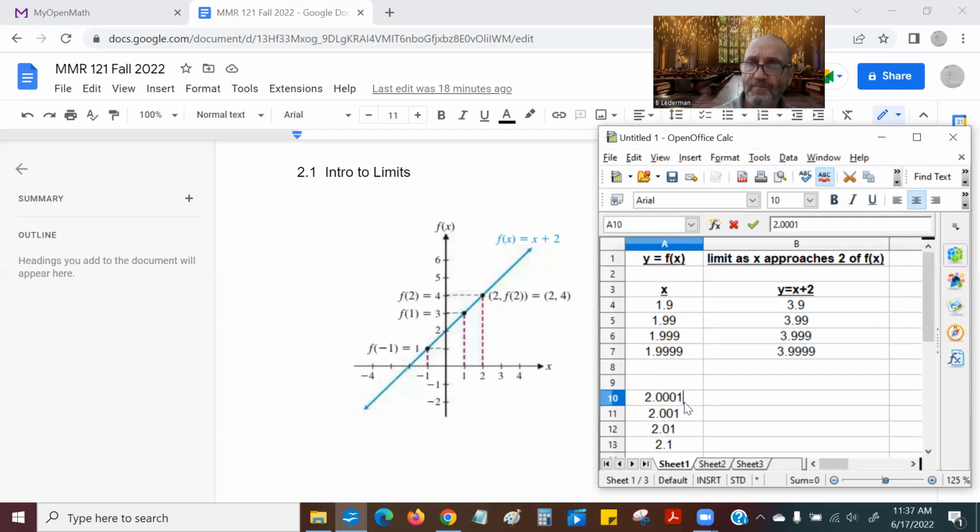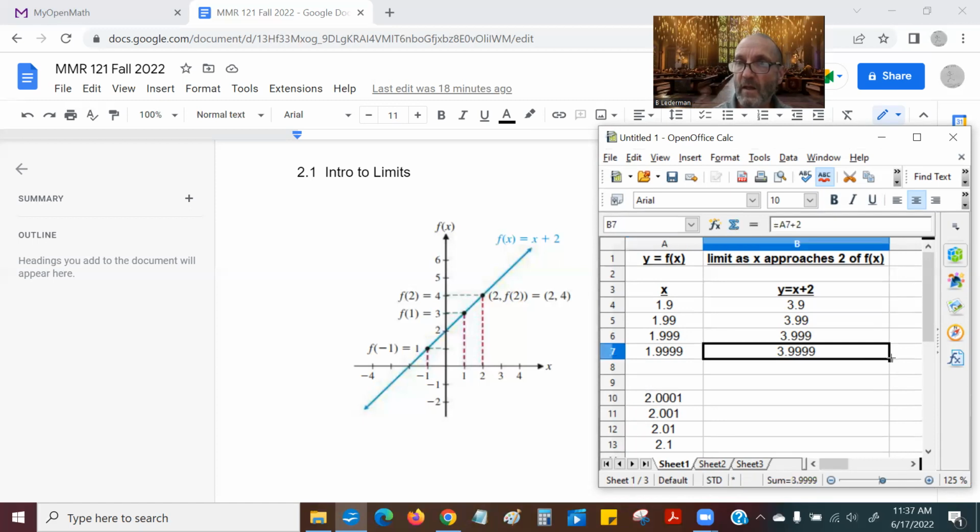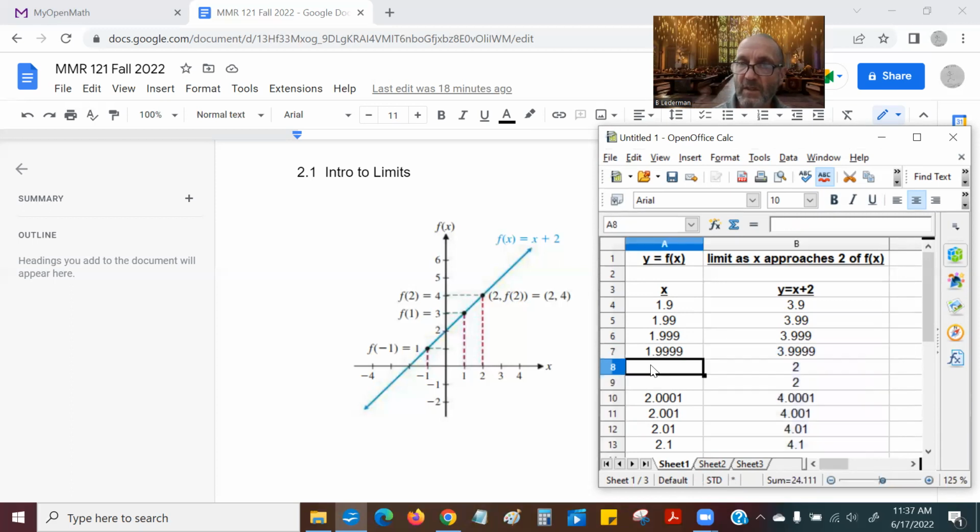So let's take a look at our values here. Actually, let's make this 1.99999, and let's make that 2.00001.